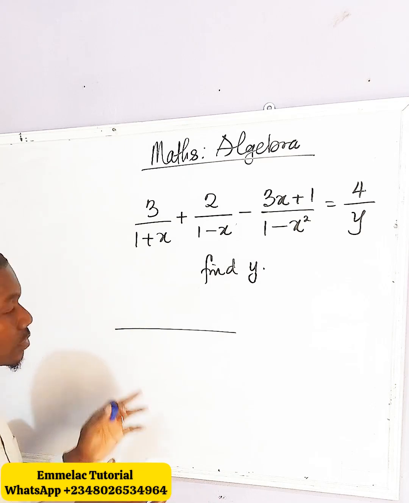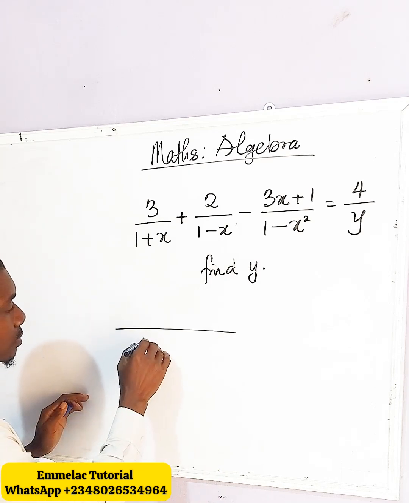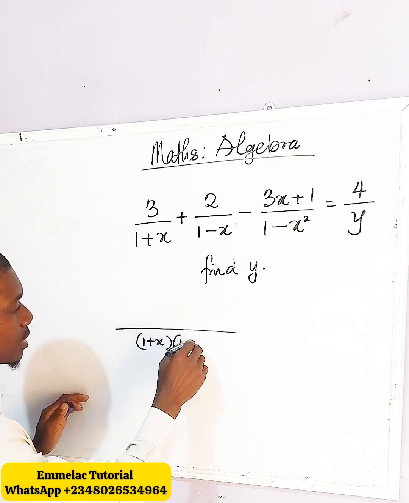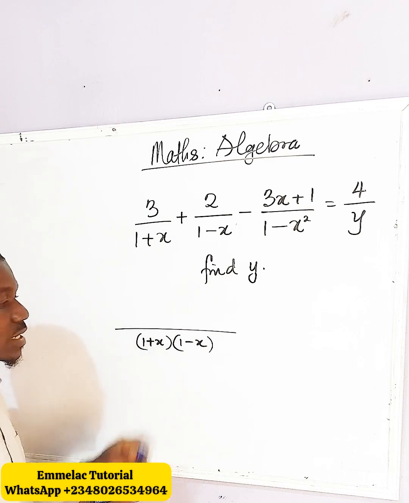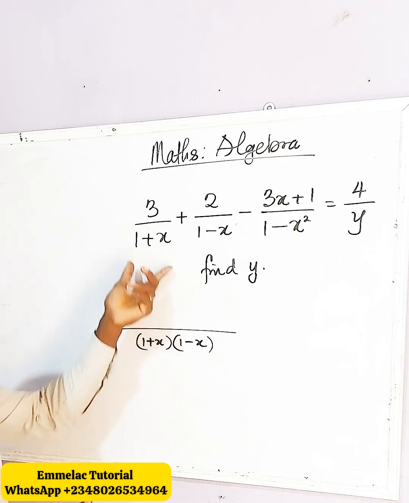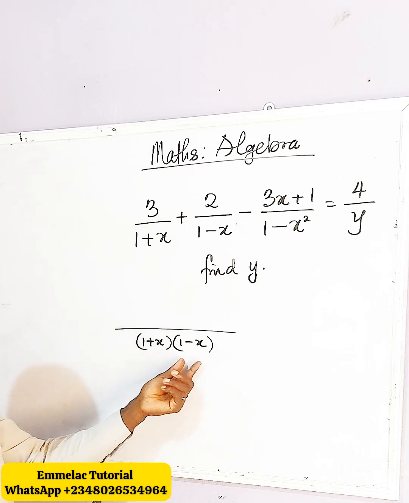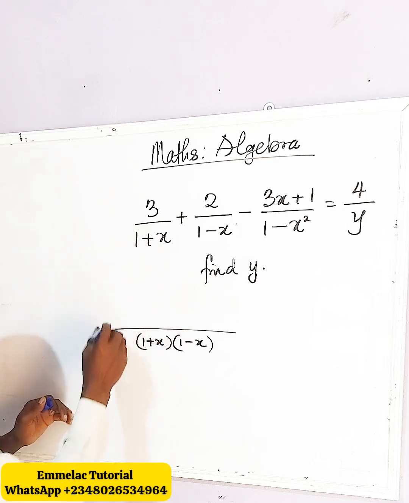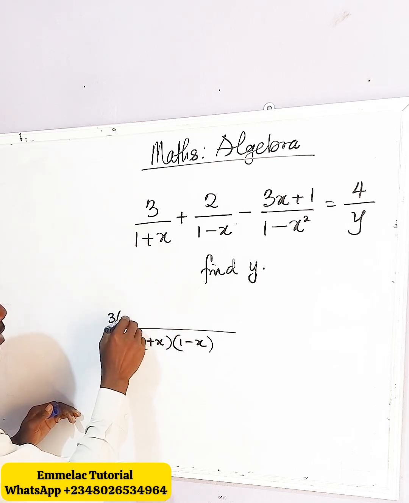Focusing on the left hand side, we can now say that the common denominator, or the LCM rather, is 1 plus x and 1 minus x. This term divided by this term, we are left with 1 minus x, so 1 minus x times 3, we have 3 into 1 minus x.